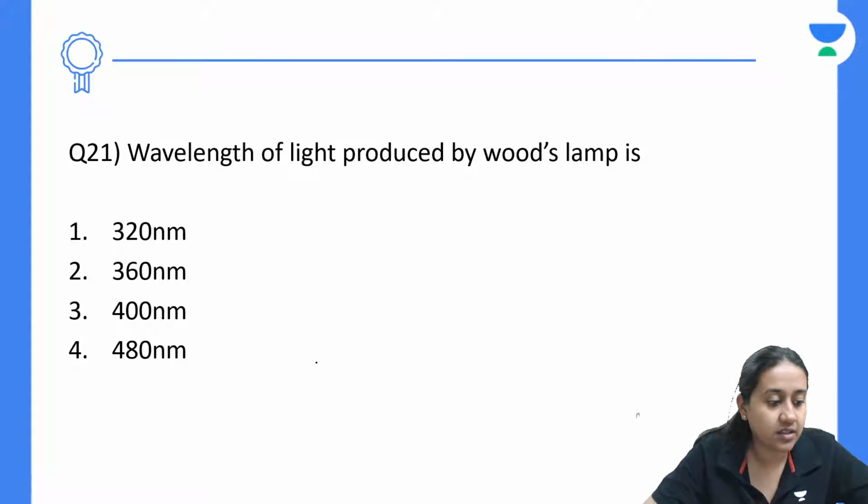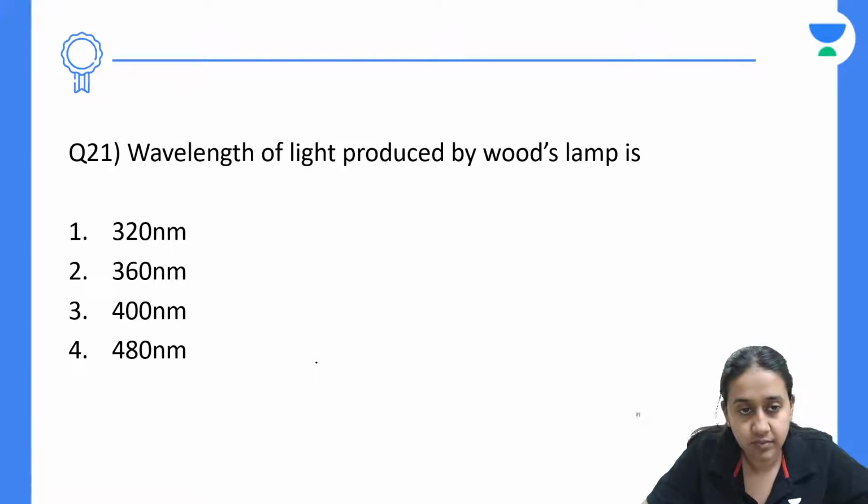Please tell me the correct answer here. The wavelength of light produced by Wood's lamp is 320 nanometers, 360 nanometers, 400 nanometers or 480 nanometers. Which of the following is the correct answer?